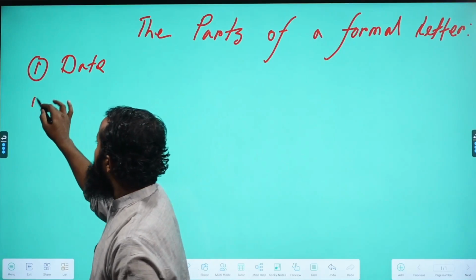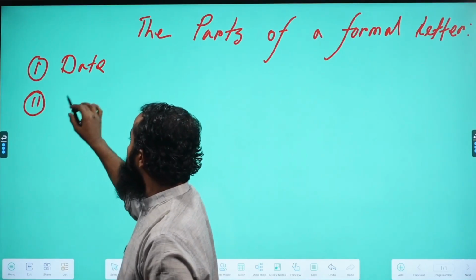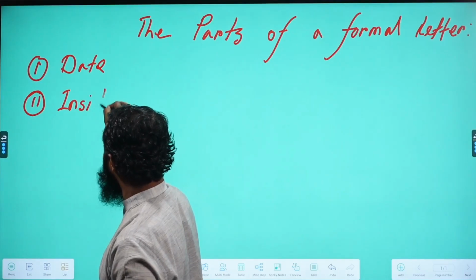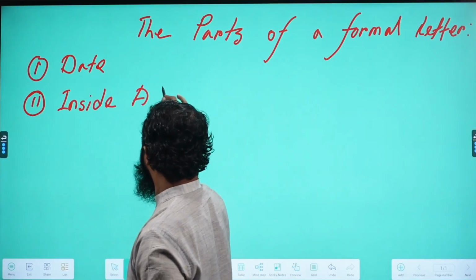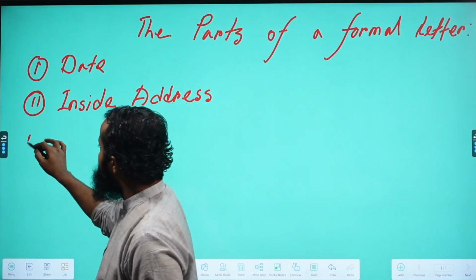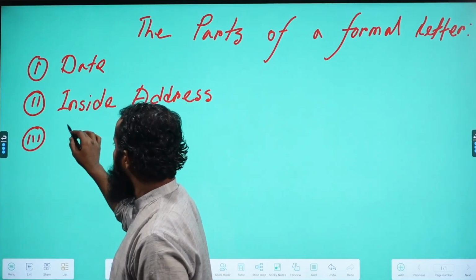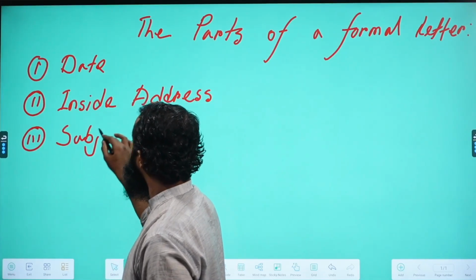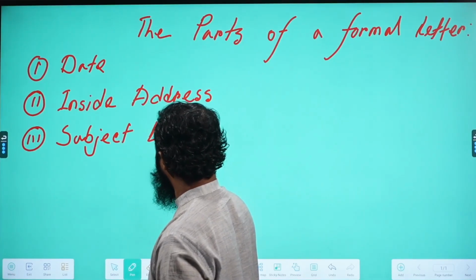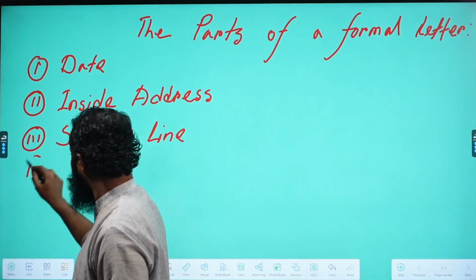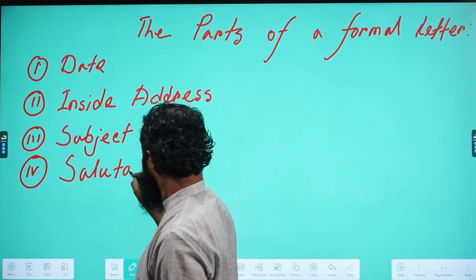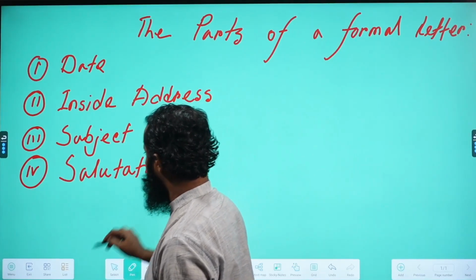Number one is the date, and the second one is the inside address. Number 3 is the subject, or you can say subject line. Number 4 is the salutation.